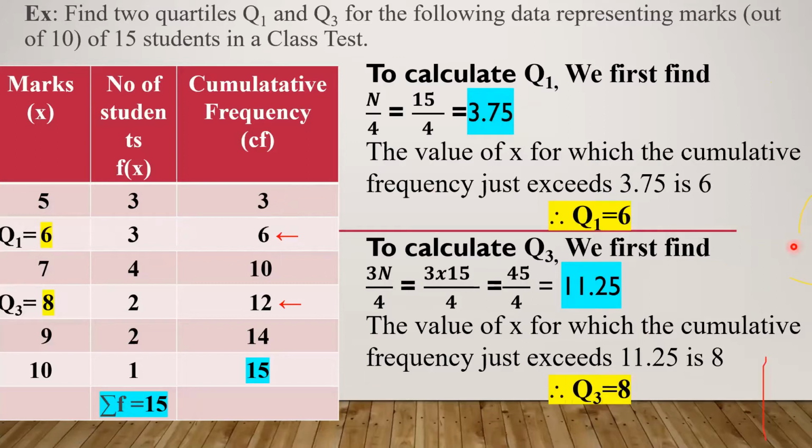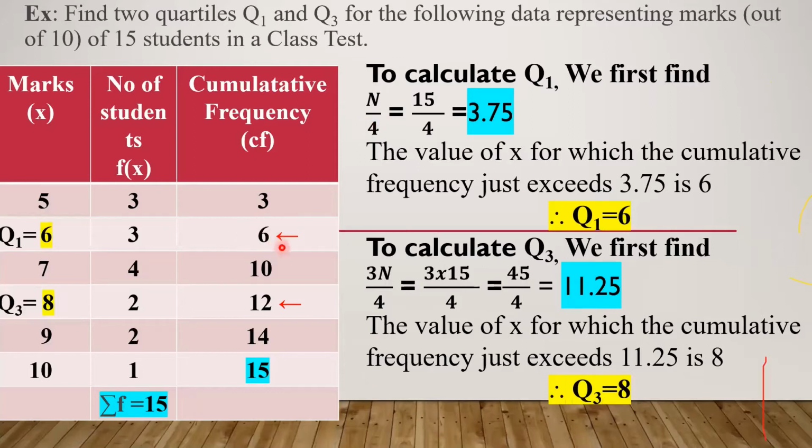Remember one point here which is very important. Many students make the mistake, they say that Q1 is equal to n by 4, which is wrong. Q1 is not equal to n by 4. To calculate Q1, we first find n by 4. It is not the same as n by 4. Okay, Q1 is not n by 4. Also, some students write that Q1 is the cumulative frequency 6.